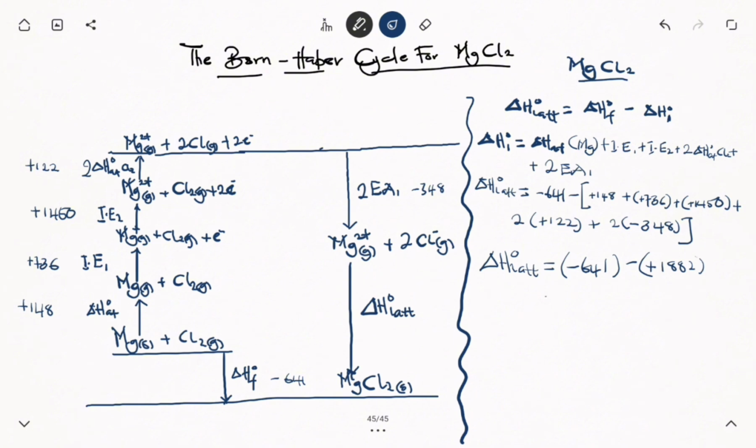So if we do the mathematics, then we are going to have minus 2523 kilojoules per mole. All right, so that is the lattice energy of magnesium chloride, and this is how to use the Born-Haber cycle to work out the lattice energy. Thank you.